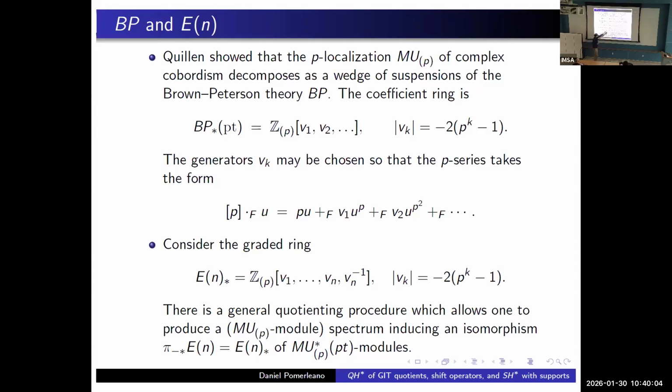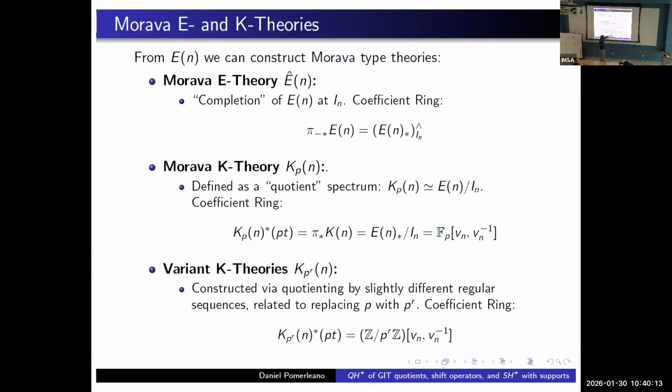So once I take some large N, my Morava K theory is very highly periodic, so it has a very high period. As long as N is sufficiently large, the degree of these generators can be made larger than the dimension of my finite dimensional space, and the Atiyah-Hirzebruch spectral sequence degenerates automatically.